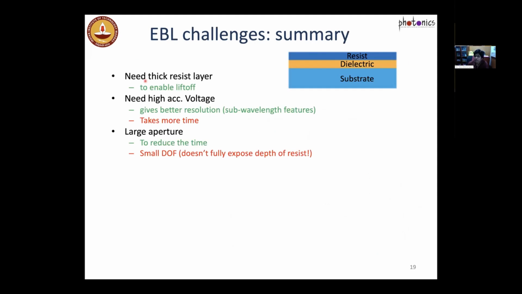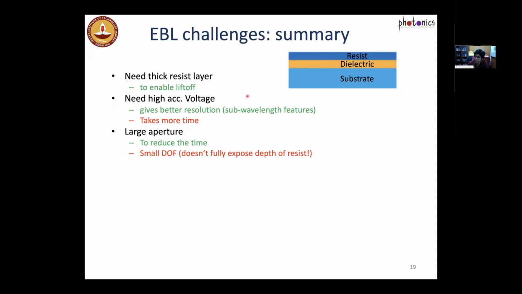So we need to have a thick resist layer because this enables the lift-off process to take place more easily. And we also want a high accelerating voltage because that gives us better resolution, but it also increases the writing time. So you could increase the aperture setting of your e-beam system to reduce the time, but then this will decrease the depth of focus, which means that the thicker resist won't get fully exposed.